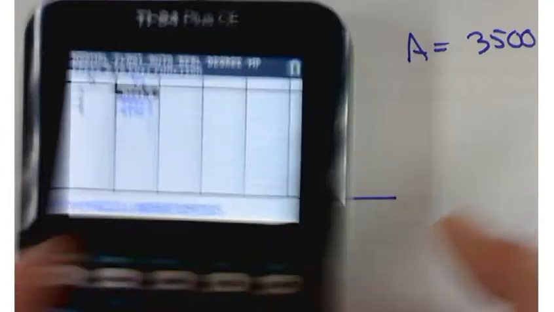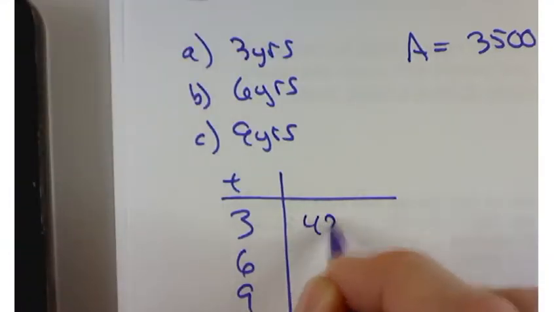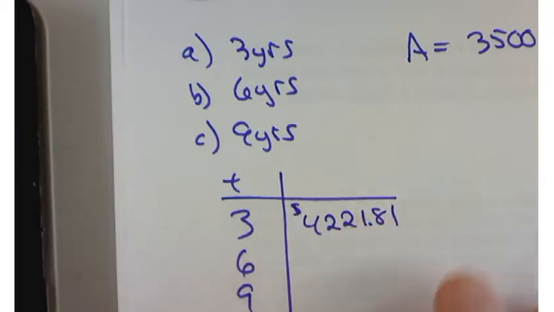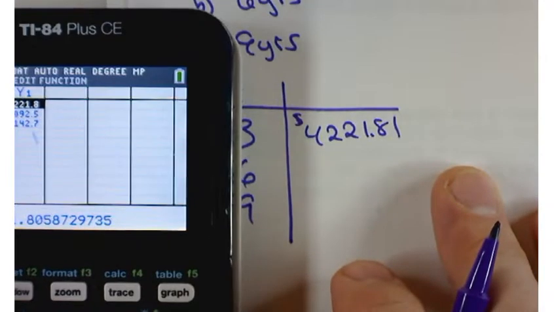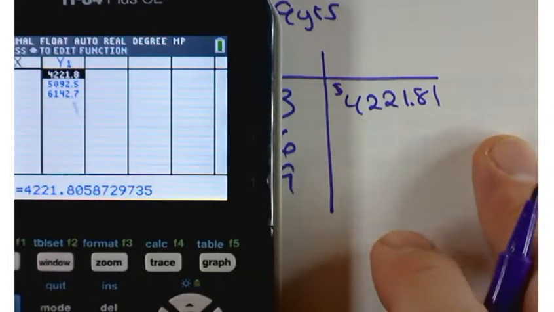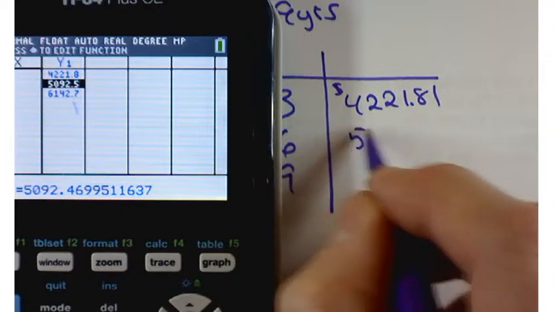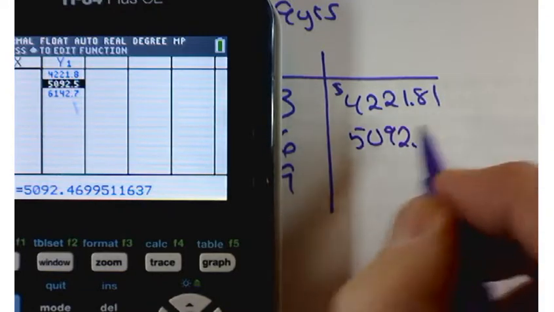So the first one will round to 4221.81. The second one will round to 5092.47.